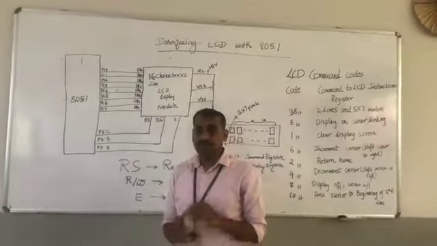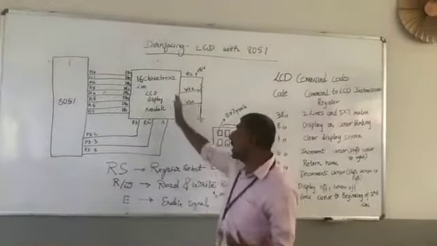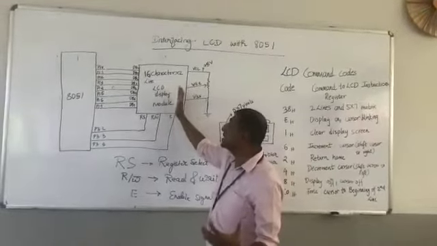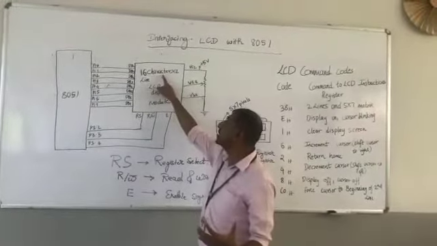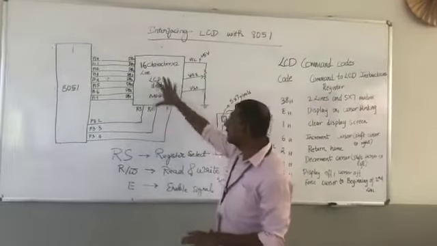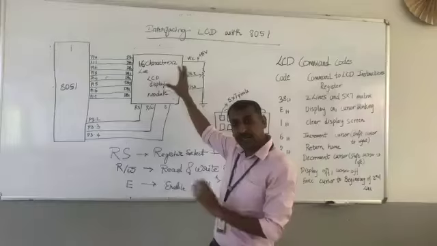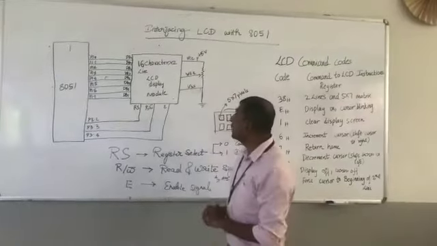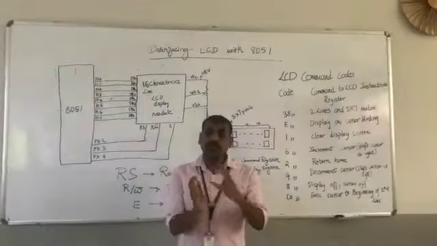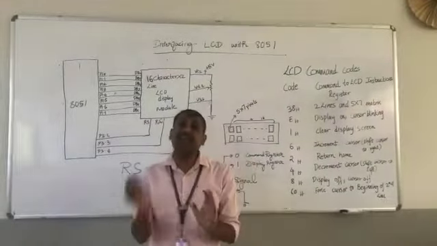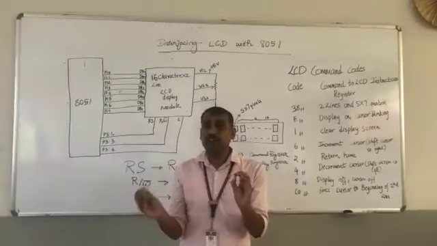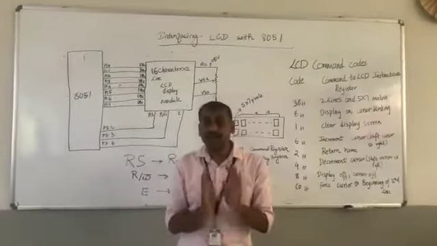Okay, we shall first look into what this LCD module will have. This LCD module, as I said, will have 16 characters in each of two lines, which is the total display quantity that it will have. And now whenever you need to display on the LCD, first you need to configure the LCD and then display on it. Without configuring the LCD, you cannot display the data directly on the LCD.